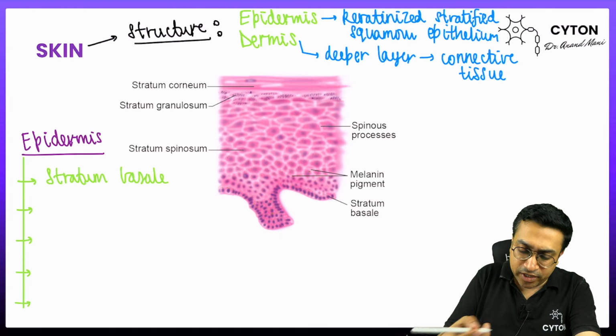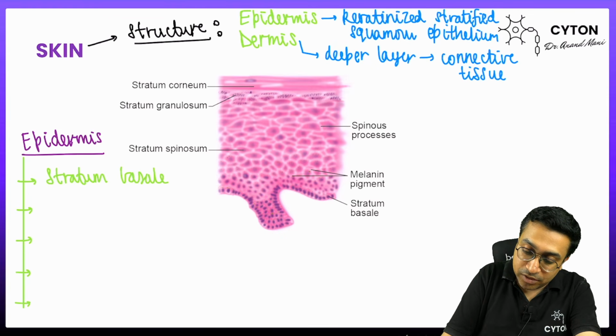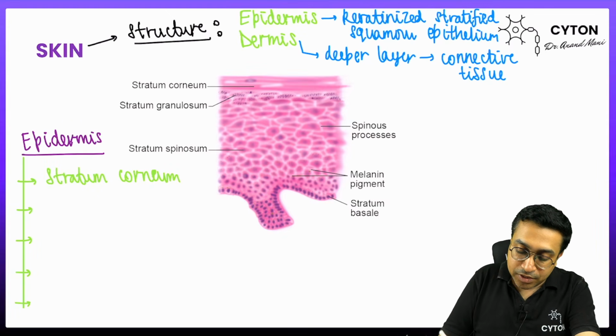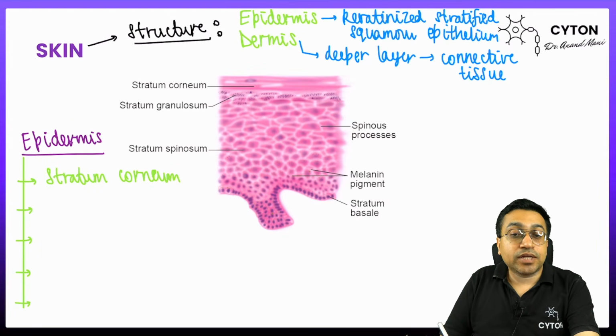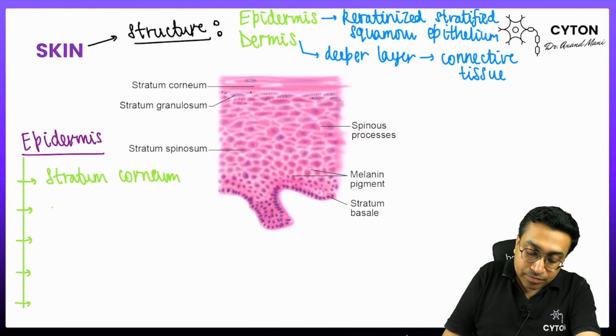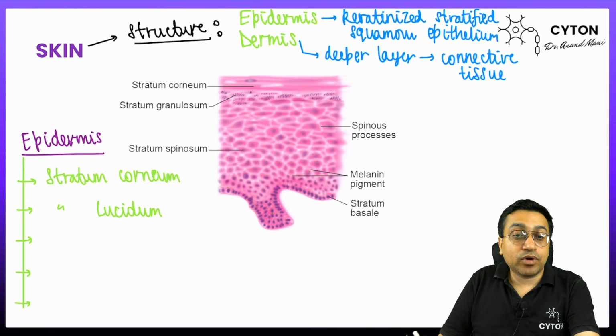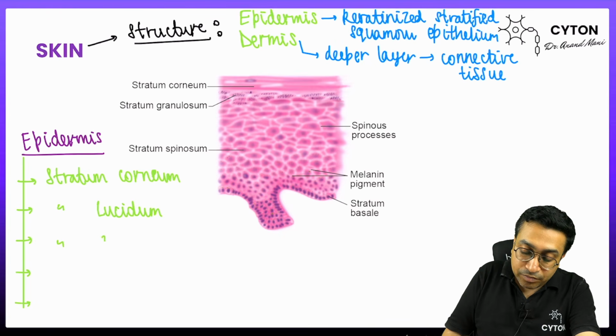Okay, or I can write in the opposite manner, that will be much easier for you to recollect later. Stratum corneum, okay, stratum corneum. Then you have stratum lucidum, and then you have stratum granulosum, okay.